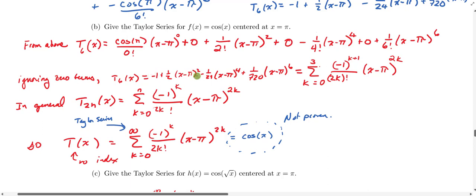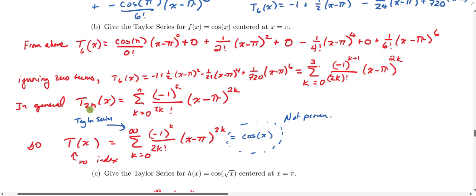And then you should confirm that when k is 1, it'll generate the second term. When k is 2, it'll generate the third term. And when k is 3, it'll generate this fourth term because we will have 3 in the factorial expression. Will be 2 times 3 is 6 factorial, which gives us the 720. We'd have negative 1 to the 3 plus 1 power, which is negative 1 to the 4th, which is a positive 1. And then this will give us the correctly powered term.